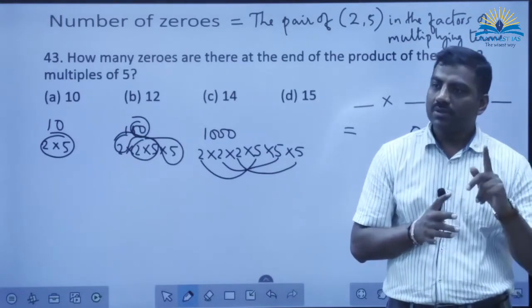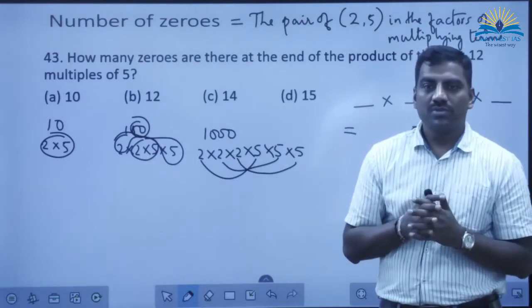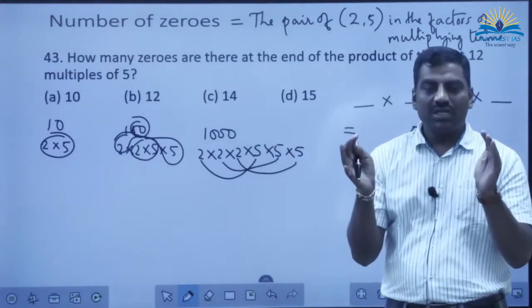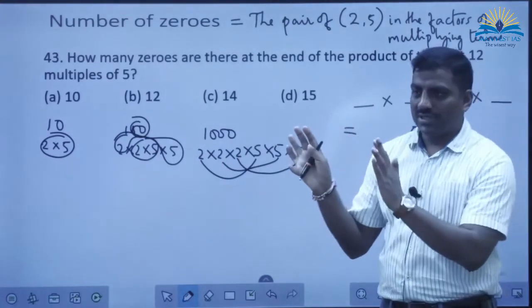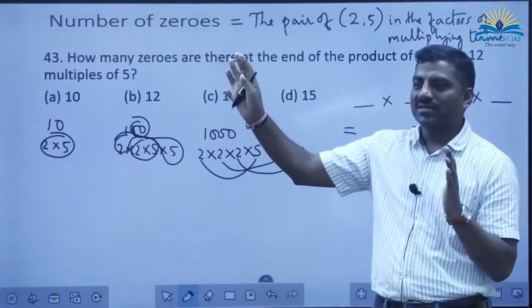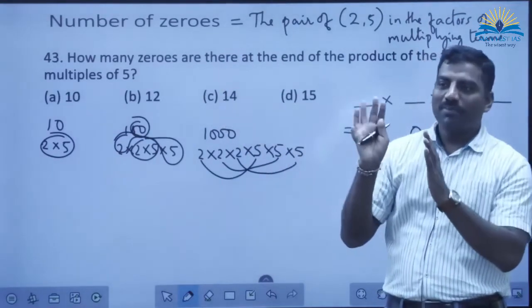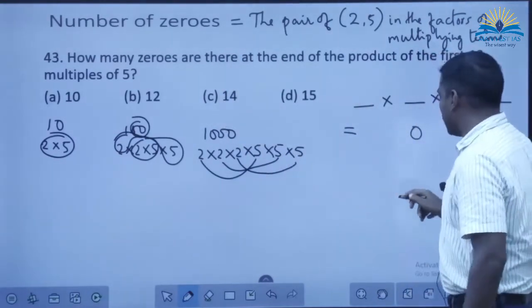How many zeros will come? There are 4 twos and 2 fives. Understood? Totally pairs have to be there. We don't want bachelors. No matter how many bachelors are there, they are not productive. We need pairs. So we'll check this question.